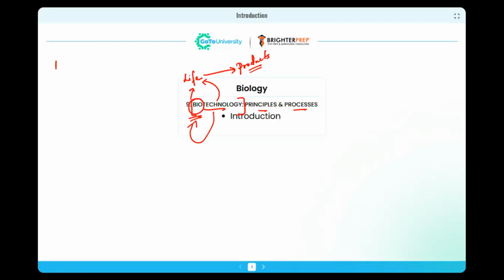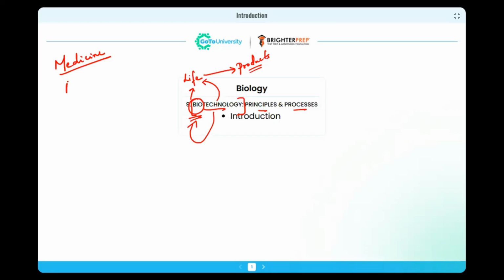For example, in medicine, we are able to produce, for example, insulin for diabetes. We are able to create vaccines, as well as recently we have developed gene therapies, as well as we are able to cure the genetic diseases as well.